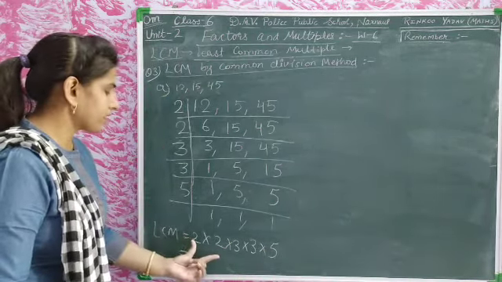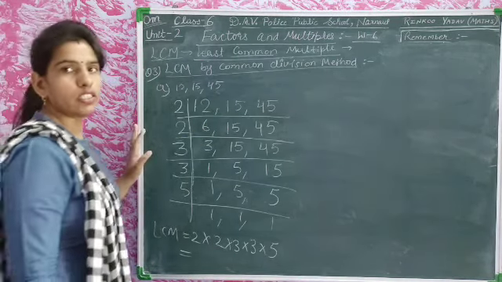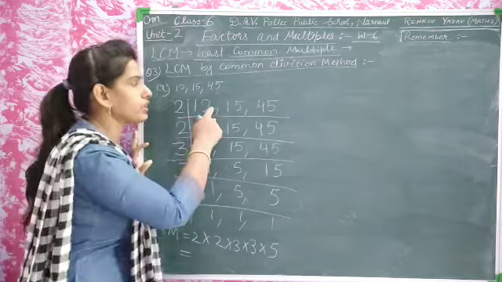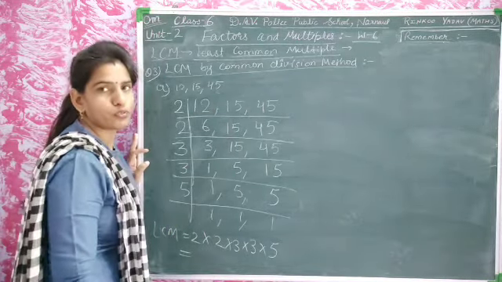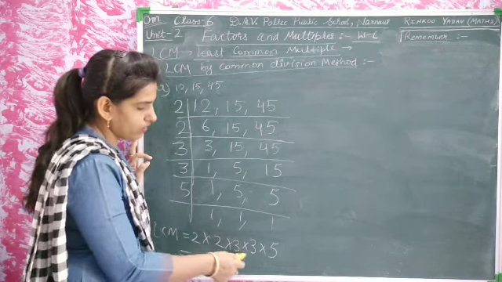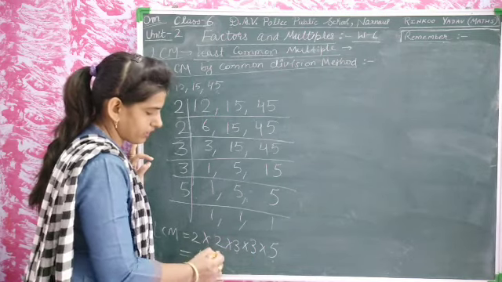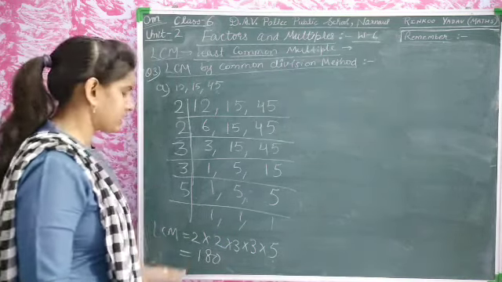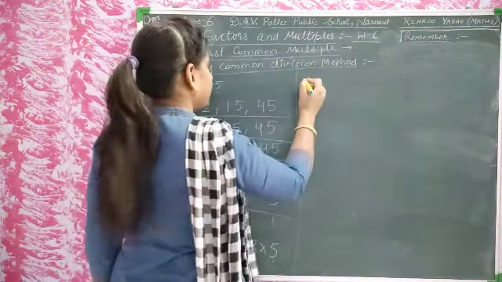These are the maximum number of prime factors which occur in the prime factorization. If you solve this question by the prime factorization method, you will see these are the factors: 2 times 2 is 4, 4 times 3 is 12, 12 times 5 is 60, 60 times 3 is 180. This will become the LCM of this question. Is this clear, students?